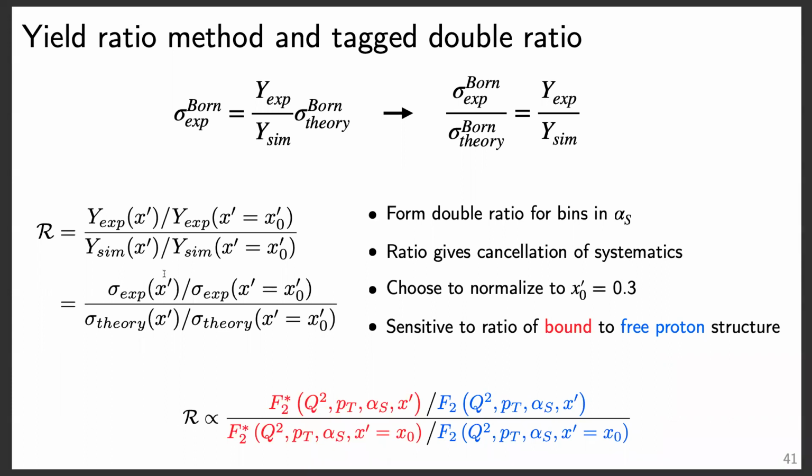Usually there are two things you can do here, and it's really a matter of taste. You can use these calculations of the higher-order effects to correct your experimental yield, or you can apply them to the calculation. And if you're taking the ratio, then both of those are equivalent.